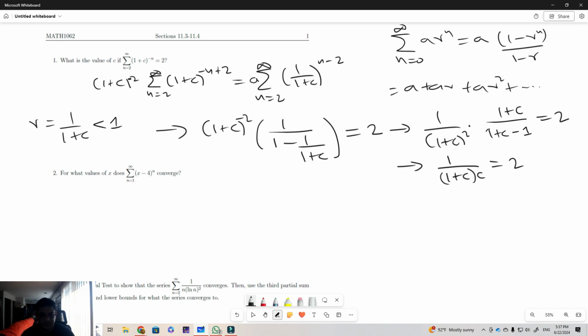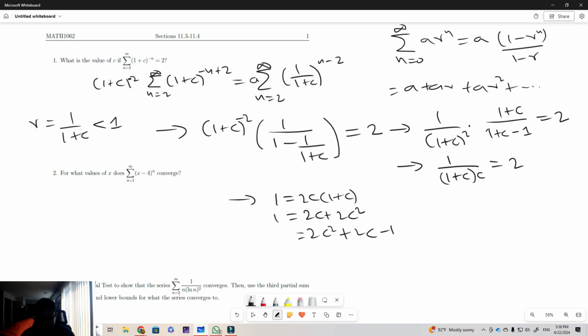This is going to give me a quadratic equation. I'm going to have 1 equals 2c times (1 plus c), and then 1 is 2c plus 2c squared, or 2c squared plus 2c minus 1 is equal to 0. At this point I need to solve this by the quadratic formula.